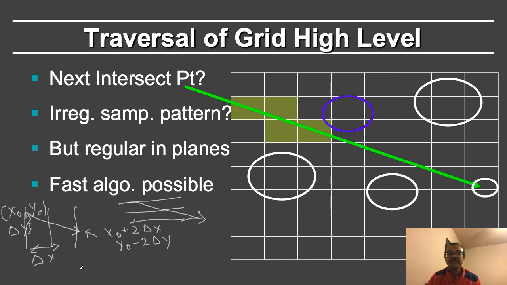Therefore, you sort the distances for the intersections along the vertical grid lines, which are regular, and then the horizontal grid lines, which are also regular. And each time you pick up the intersection that is closer, and you keep both of these lists every time picking the intersection point that is closer. And in this way, you can traverse the grid and you can extend it from 2D to 3D.